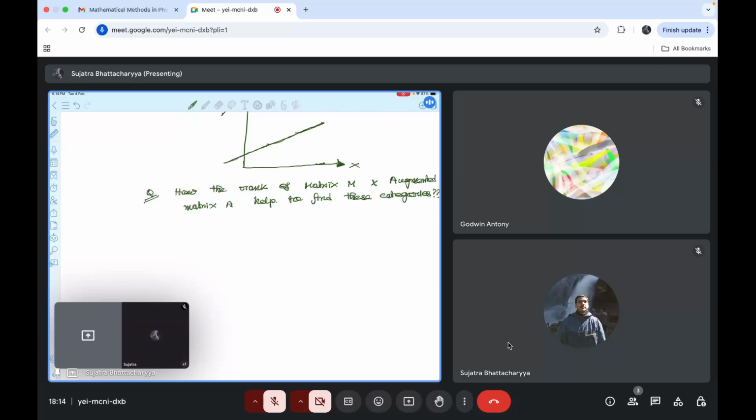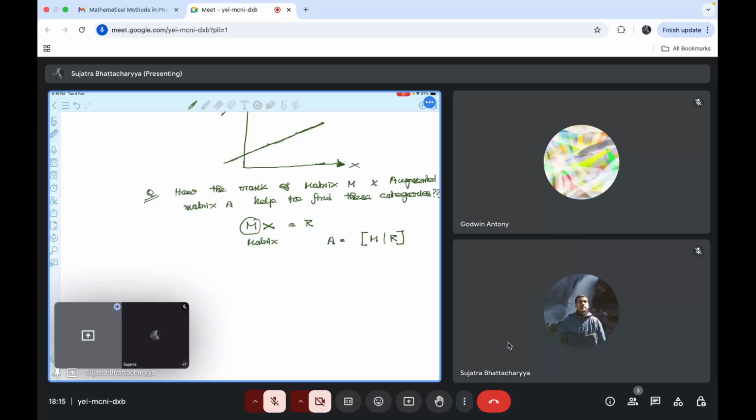What we are trying to say is that suppose you have M as the matrix, X is the matrix of the unknown variables, and it is equal to some resultant R. Your M is the original matrix. A is the augmented matrix, which consists of M on the left-hand side along with R together. Okay, so this is the augmented matrix.